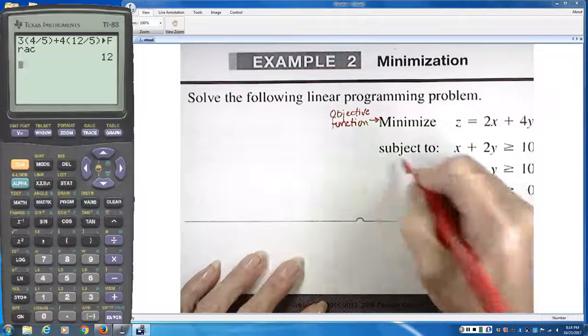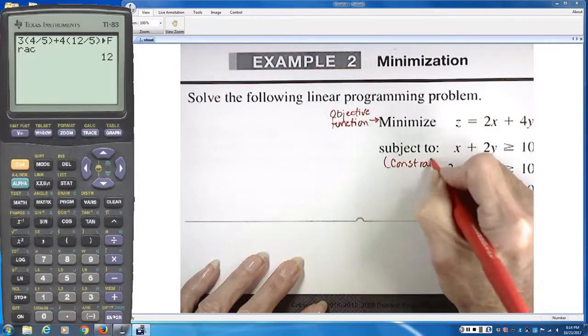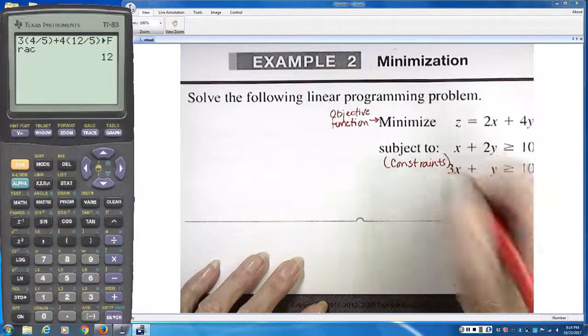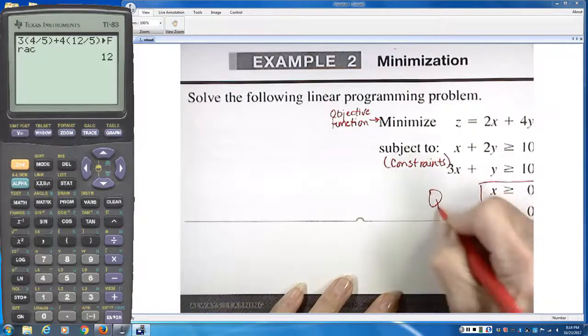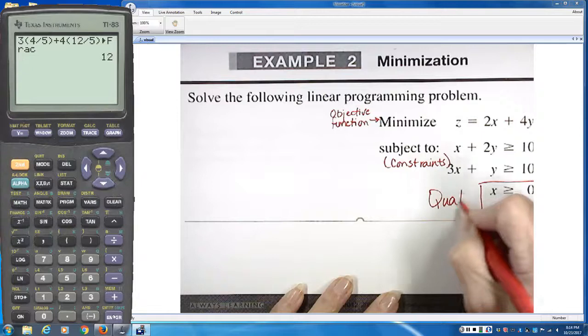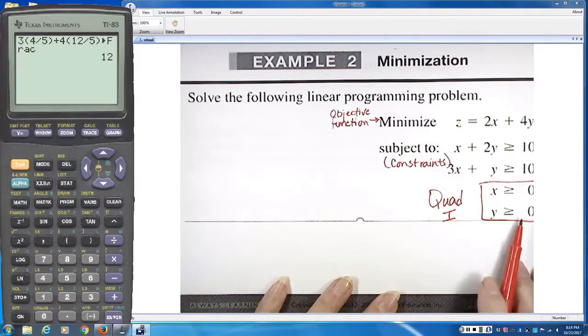These are our constraints. And this is telling you, once again, don't bother graphing anywhere except in quadrant 1. And that's going to be true for just about any application problem you're ever going to do.